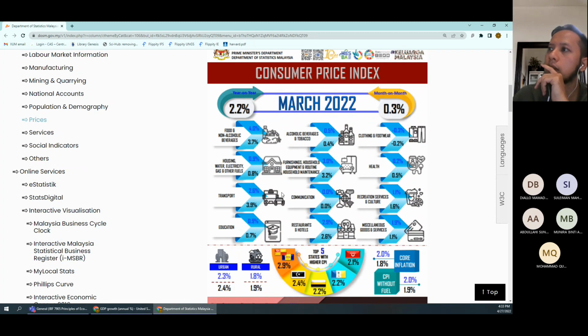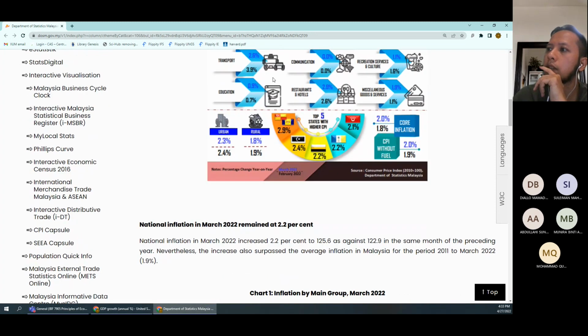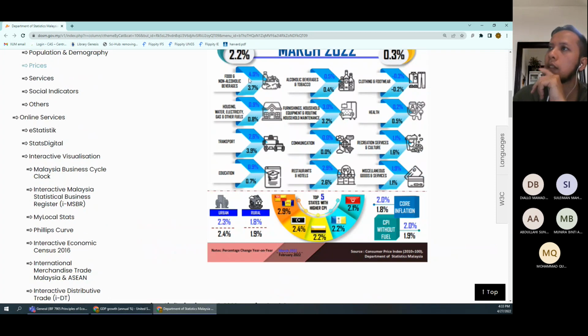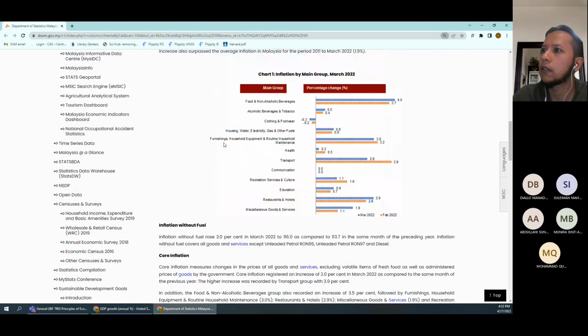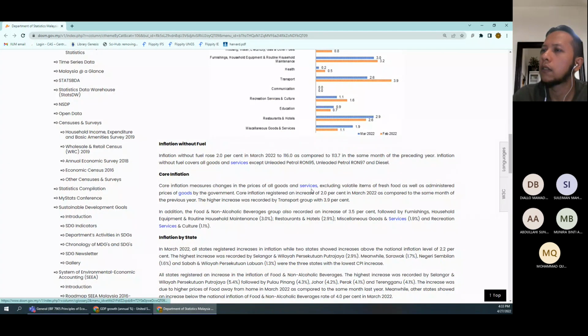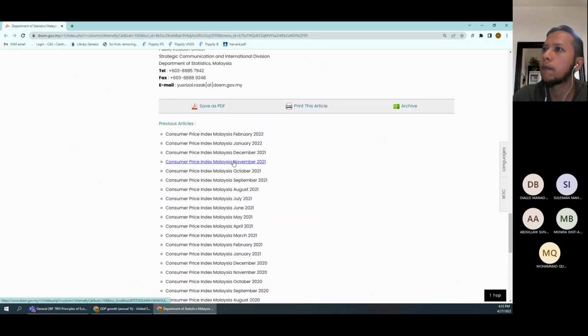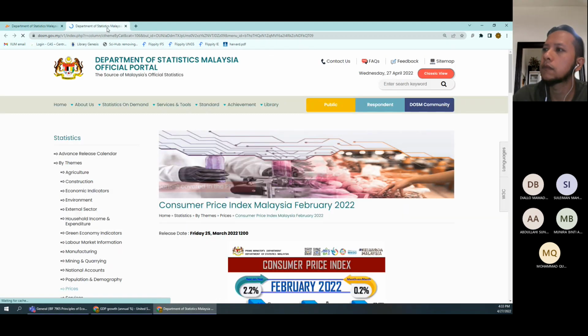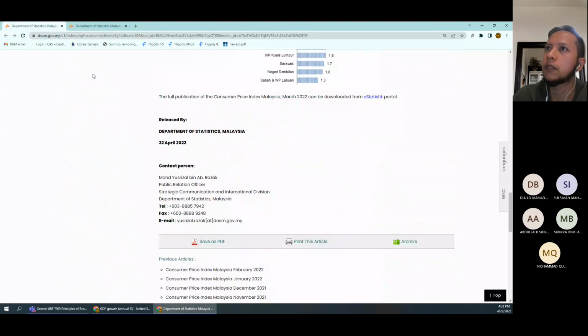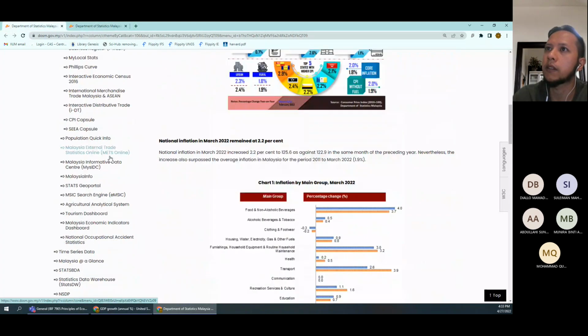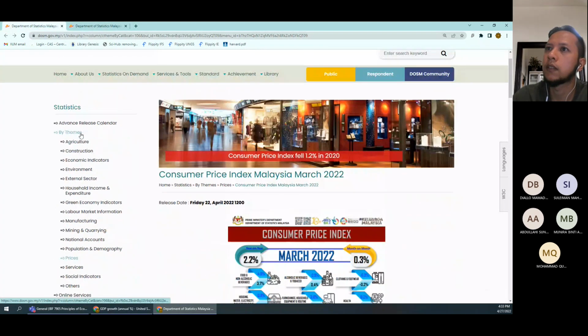So we have different categories, and in each category, we have different ways of calculating. Like food and alcoholic beverage, I'm not sure if they show or not. Oh no, they don't show. Maybe this is the breakdown by themes.